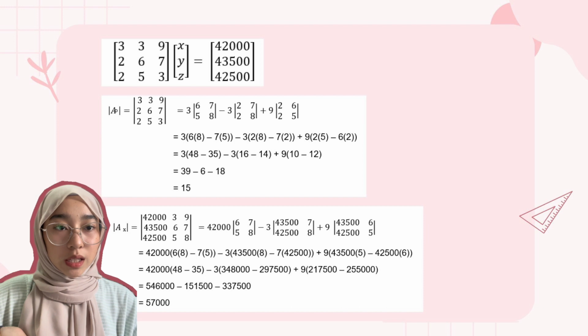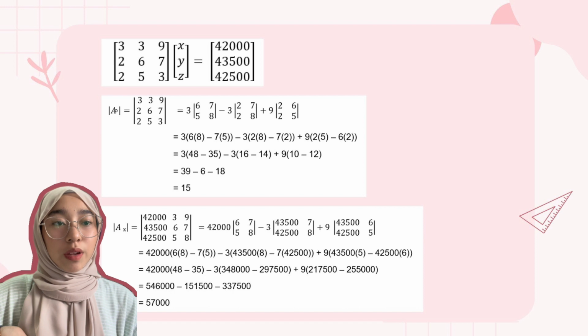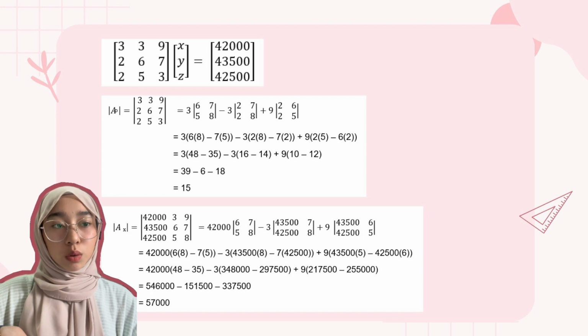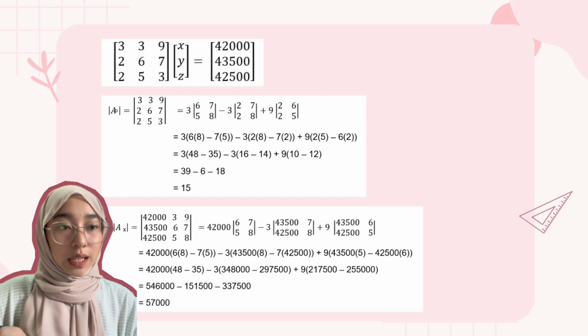So it is 3 times (6, 7, 5, 8) minus 3 times (2, 7, 2, 8) plus 9 times (2, 6, 2, 5). So it is equal to 3 times (6 times 8 minus 7 times 5) minus 3 times (2 times 8 minus 7 times 2) plus 9 times (2 times 5 minus 6 times 2).